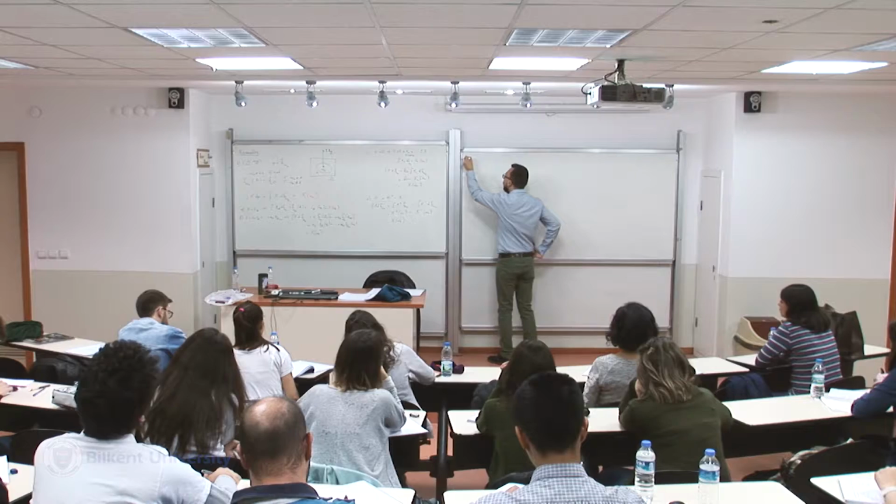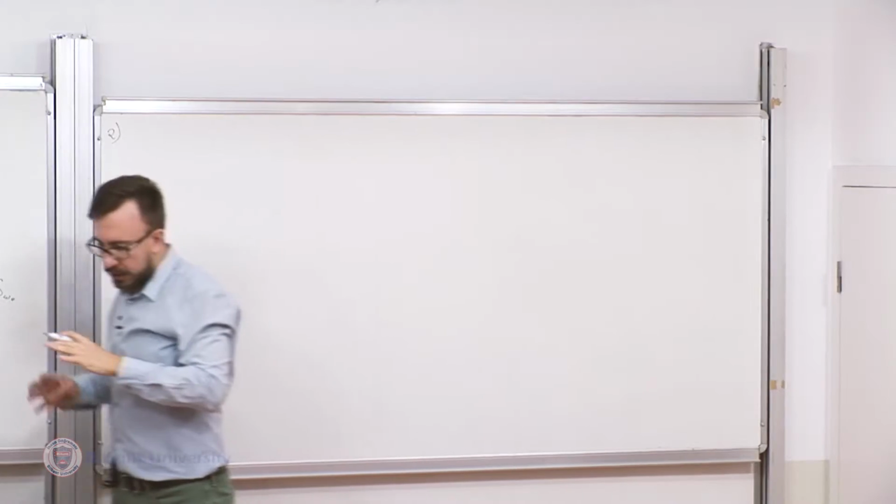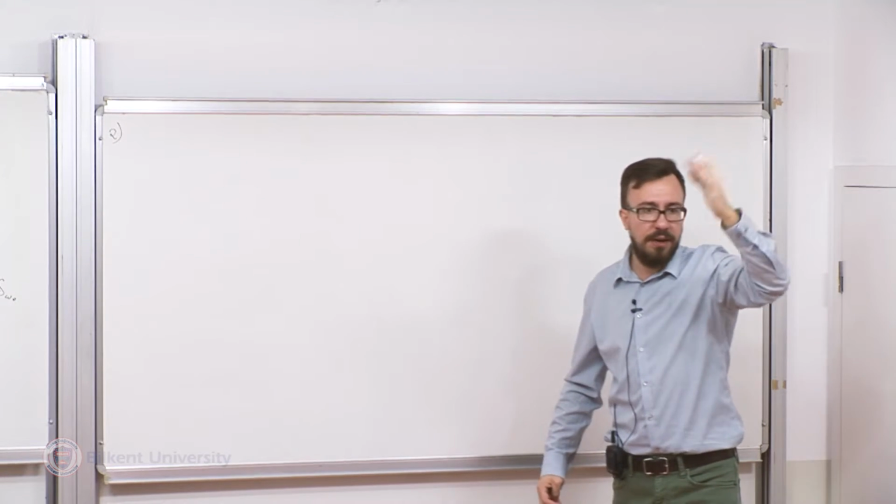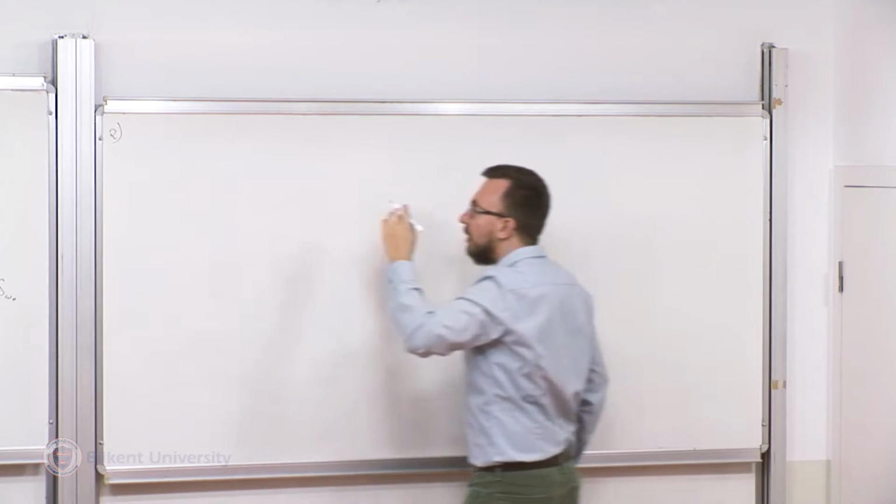Okay. Now, second example is the generalization of Dirac, which is the discrete measures, right? So instead of having just one fixed point, you can have countably many fixed points.